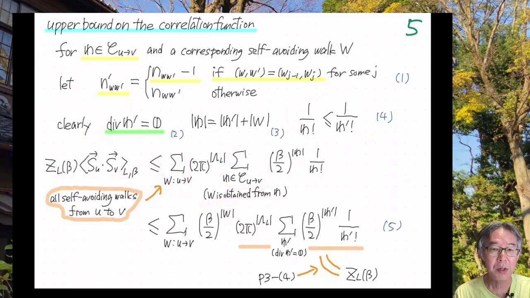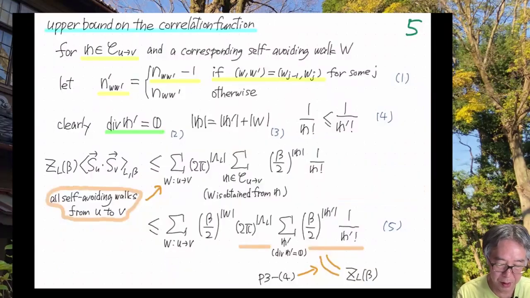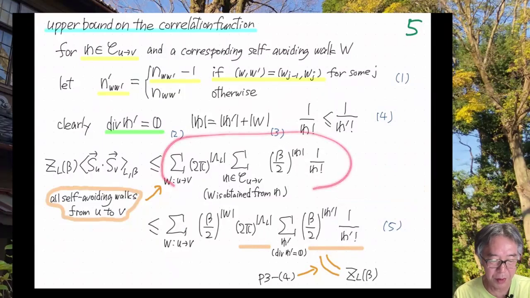Since several different W's are obtained from a single n, this is an overcounting. But still, since you always find a random walk from n in this thing, this is an overcounting, but this is a valid upper bound.